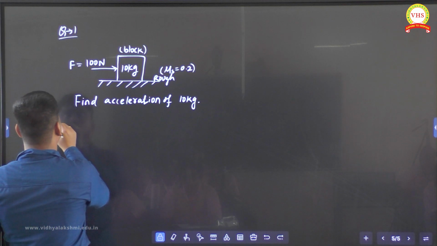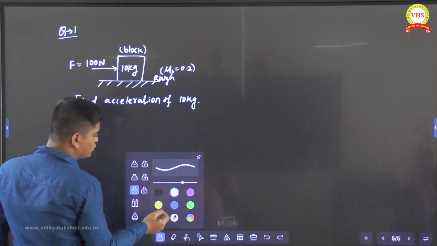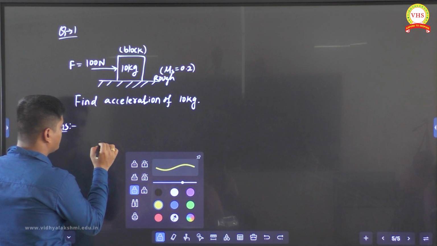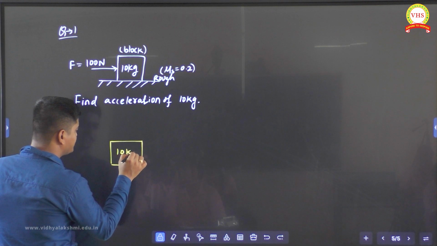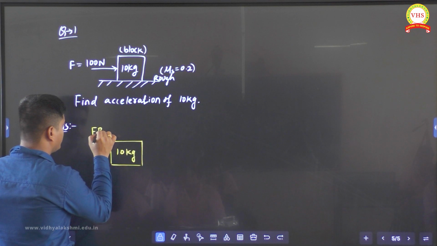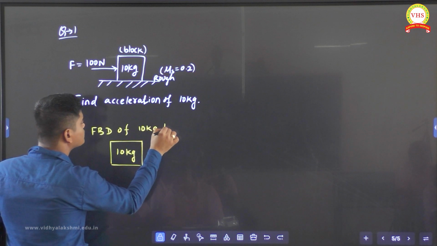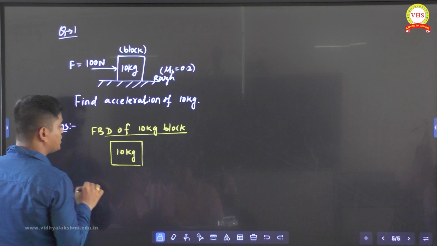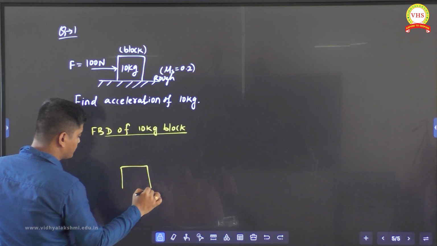To find the answer, first I will draw the free body diagram of this object, the 10 kg block. Then what will we get here? All of you check properly.